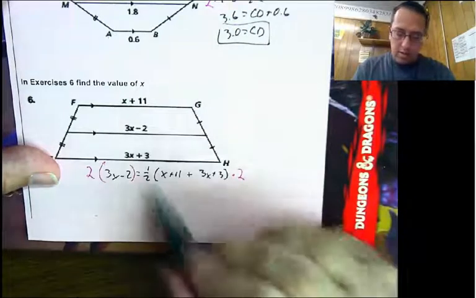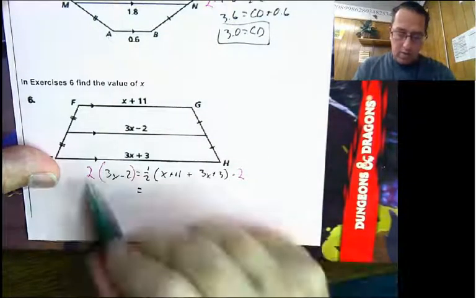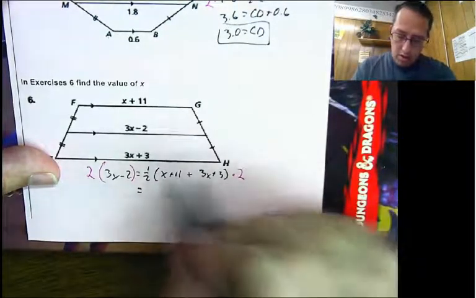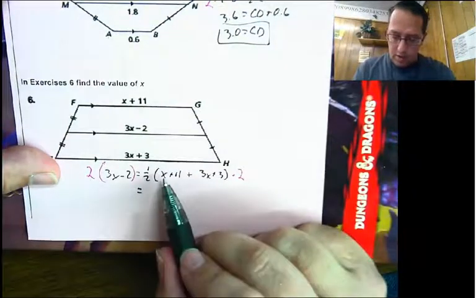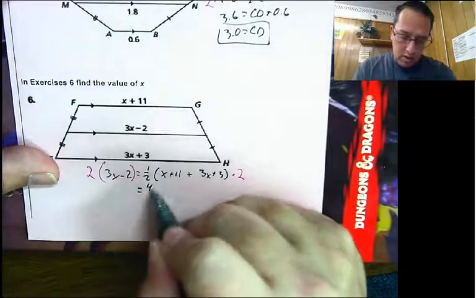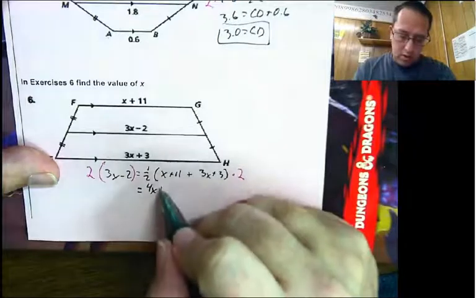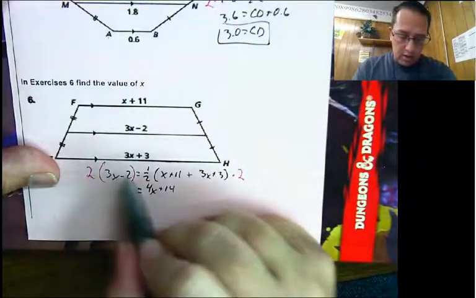So this I am going to have to distribute, but this is just going to cancel out. It's so much nicer to multiply by 2 than it is to multiply by 1/2, right? I'm going to combine like terms as I do that. So x plus 3x is 4x. 11 plus 3 is 14. There we go.